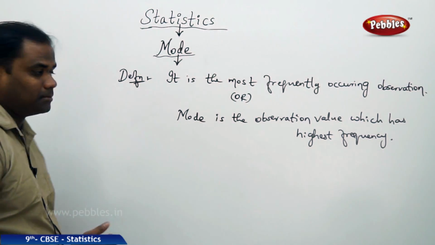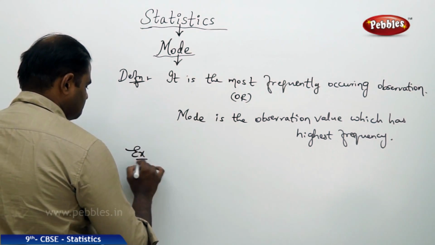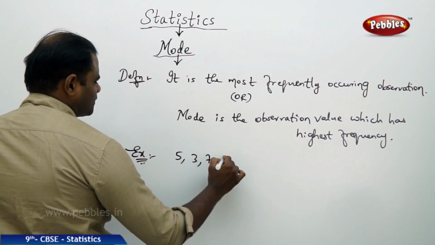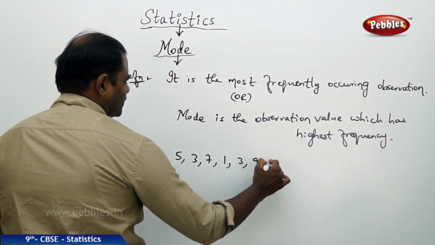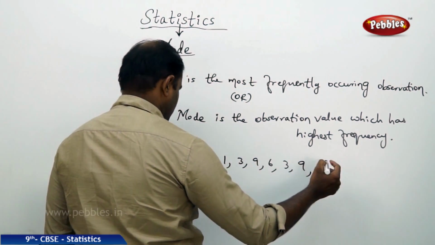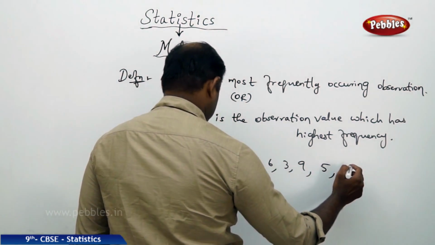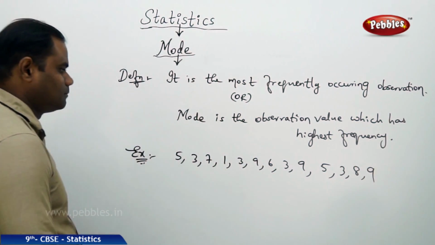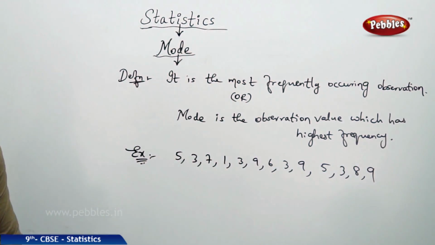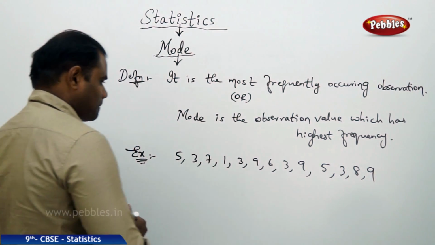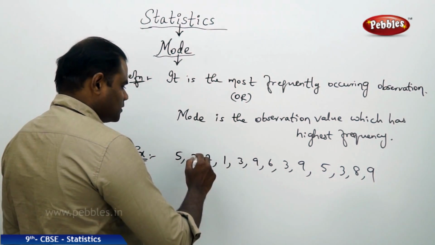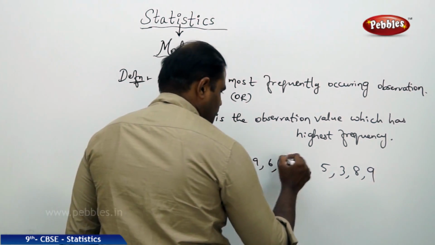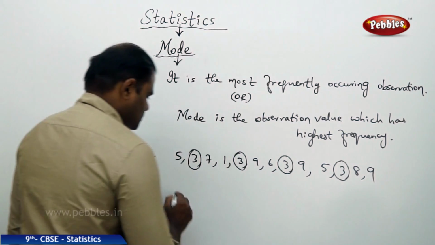Let's take an example. For example, 5, 3, 7, 1, 3, 9, 6, 3, 9, 5, 3, 8, 9. Let's see what is the highest occurring value. As we can clearly see, this 3 occurs 1, 2, 3 and 4 times.